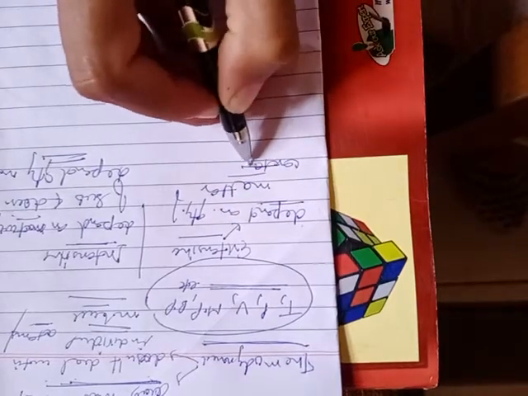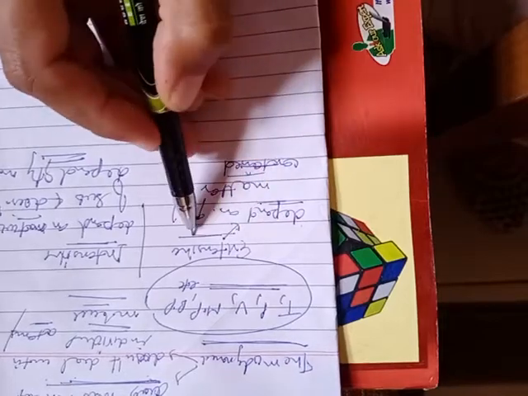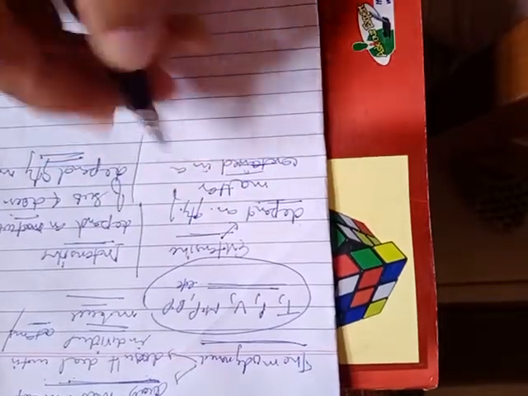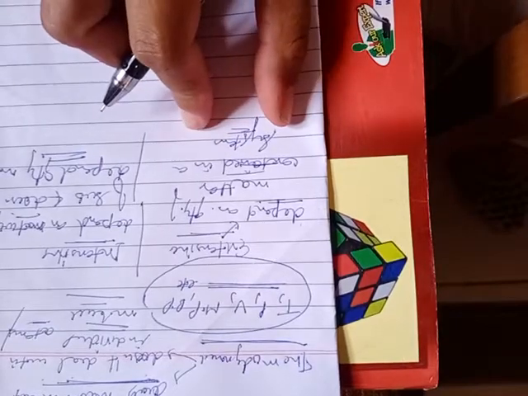Now, in extensive properties, as we know, these properties depend on the quantity of matter that is contained in a system. Which matter we have taken in the system, what its quantity is, that is called extensive properties. System is a part of the universe taken for thermodynamic consideration. Clear?